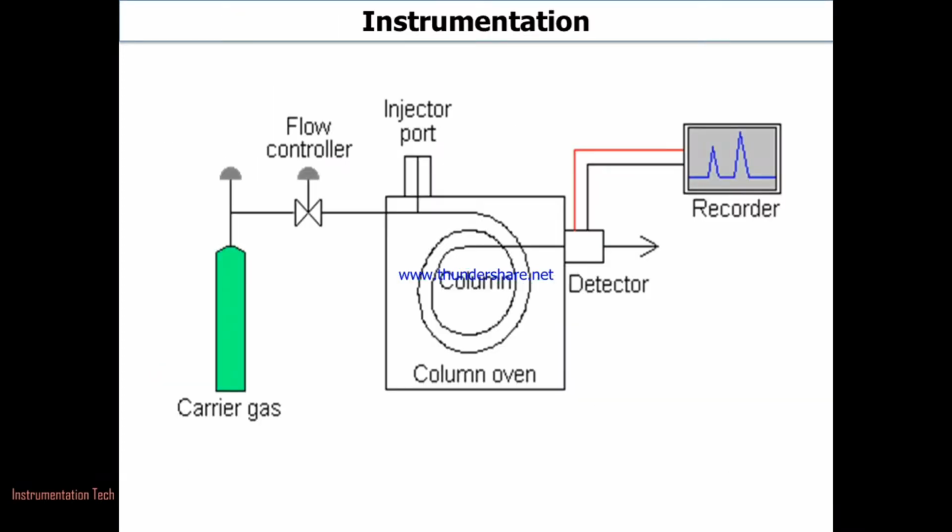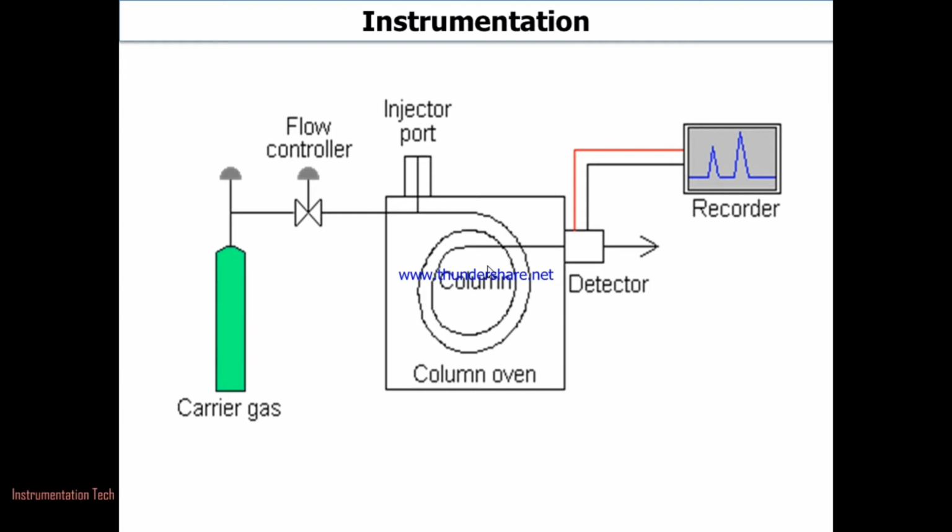This figure represents the instrumentation of gas liquid chromatography. In this you can see a carrier gas cylinder and a carrier gas flow controller. Then there is an inject port that is used to inject the sample, and this sample and carrier gas get mixed in this area and are passed through a column.